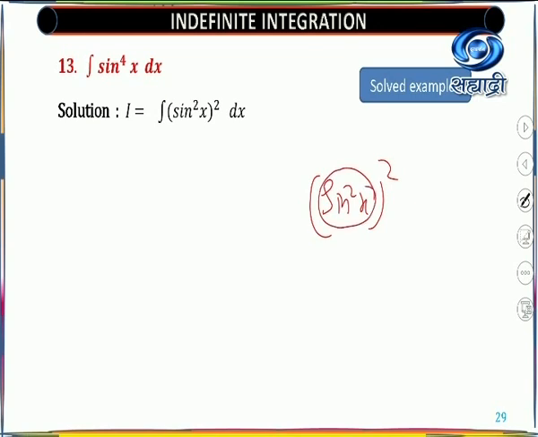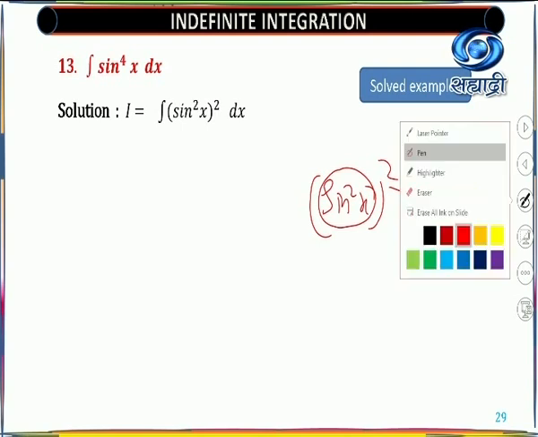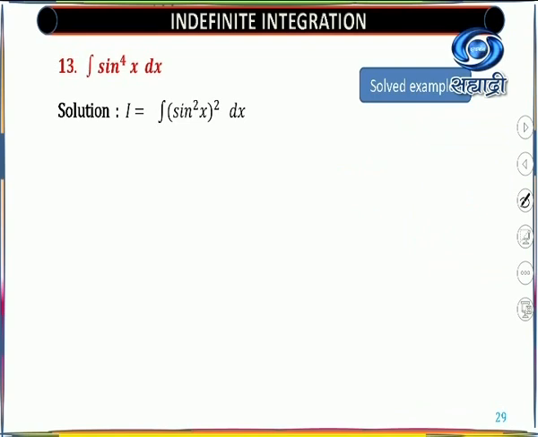And here for sin square x, you know that you have two identities. Either you write 1 minus cos square, or in terms of the multiple angle of cos. But if you write 1 minus cos square, again you will get the fourth power, so there is no use of using this identity. So we'll use the identity where you get the multiple of an angle, that is in terms of cos of 2 theta.